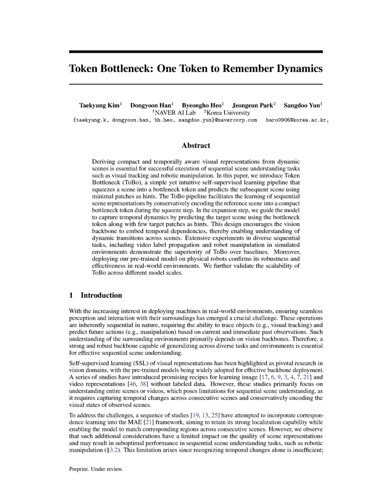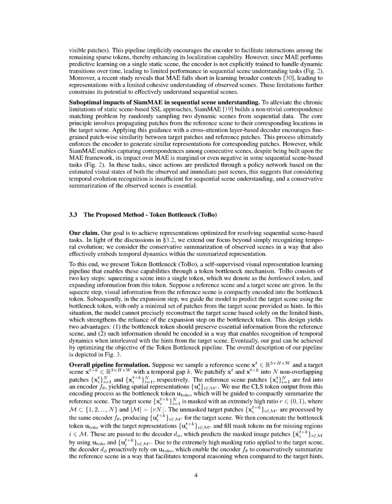Theoretically, ToBo enhances the conservative summarization of observed scenes while embedding temporal dynamics, which is crucial for sequential scene understanding. This is achieved by compactly encoding a reference scene into a bottleneck token and predicting a target scene using minimal hints, thereby ensuring that essential information is preserved and temporal dependencies are recognized.